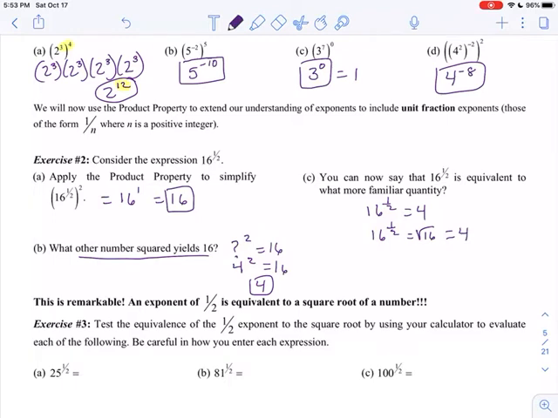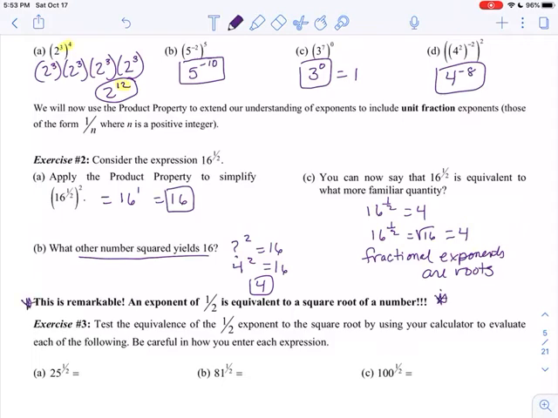So 16 to the 1/2 power equals the square root of 16, which equals 4. Fractional exponents are roots. Exponents that are fractions are really just roots. And you can confirm this by using your calculator.